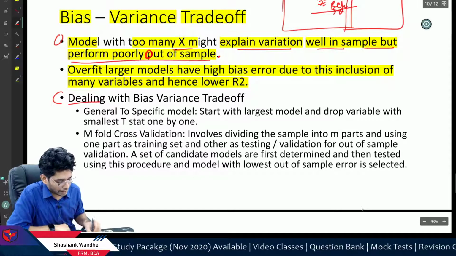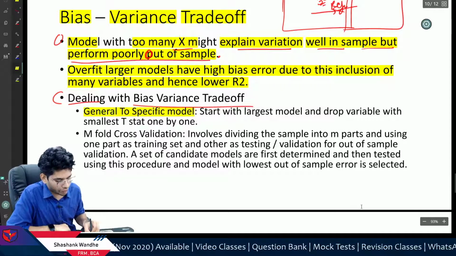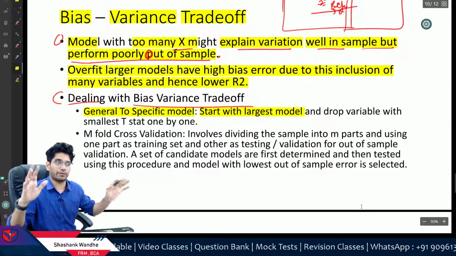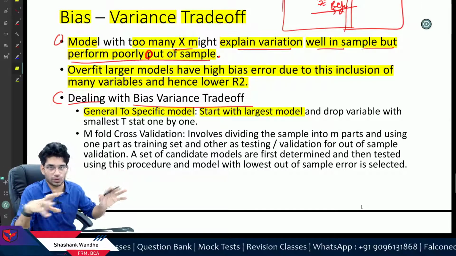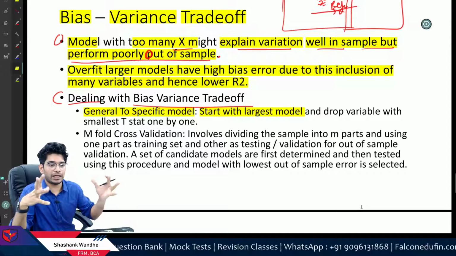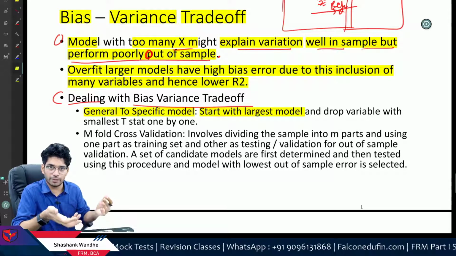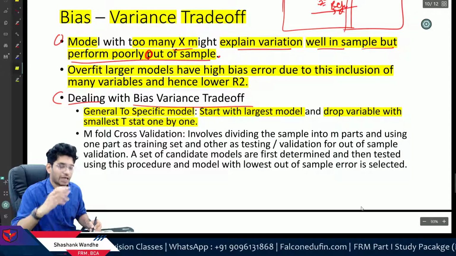Then, dealing with the bias-variance trade-off. First is the general-to-specific model. Start with the largest model. Say you have 20 variables in mind. You combine all those variables and start with the large model, and drop the variable with the smallest t-stat one by one.